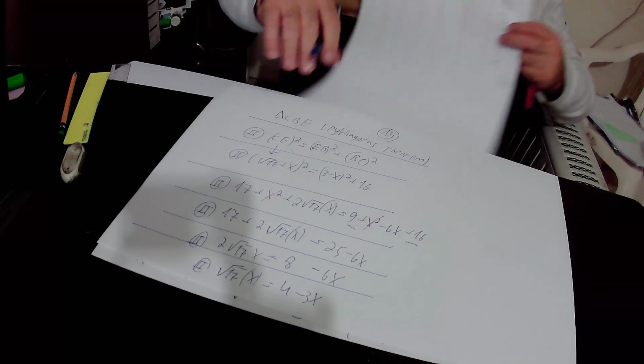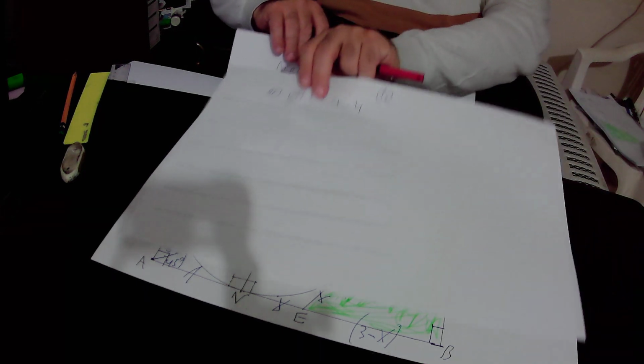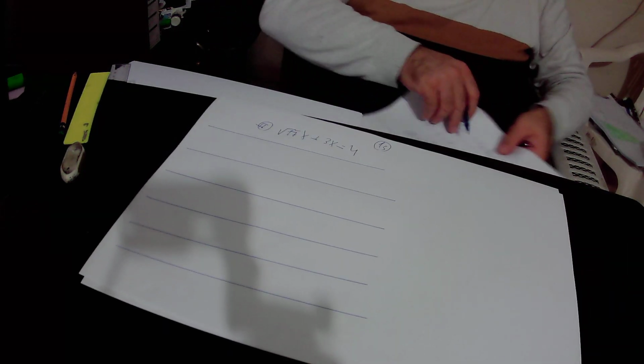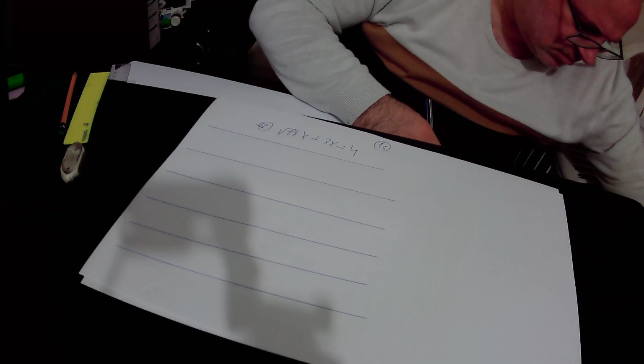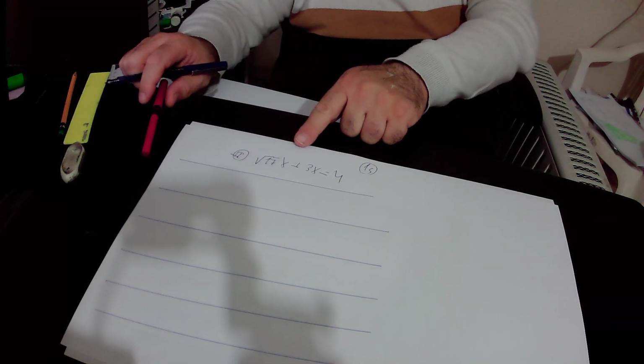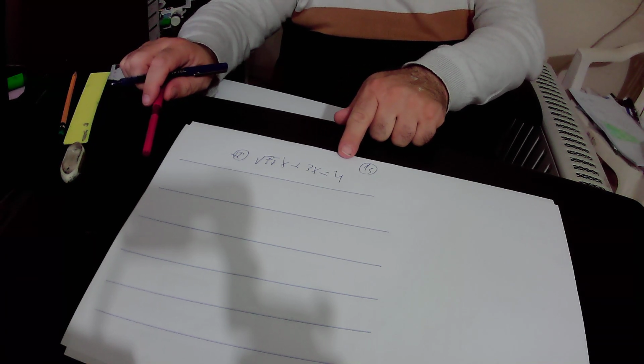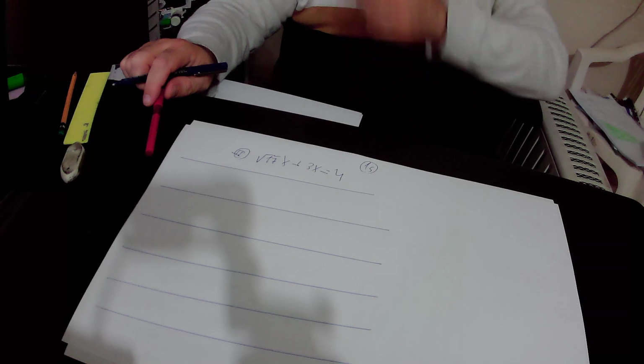So I actually got that after we add 3x, we got that square root of 17 x plus 3x equals to 4.